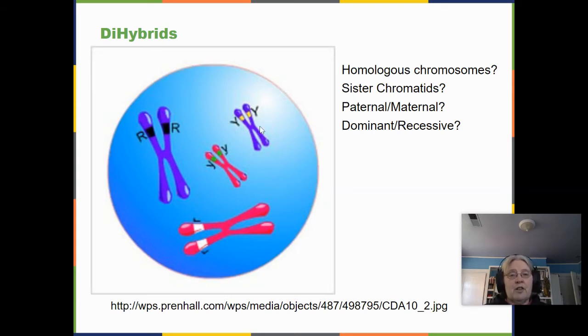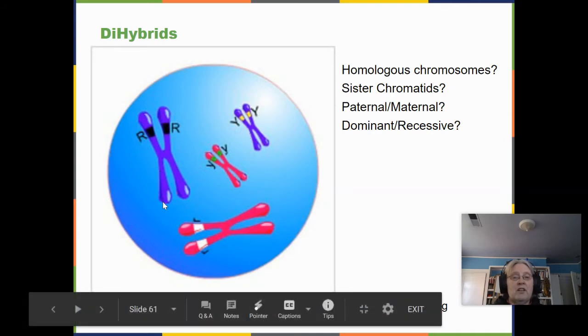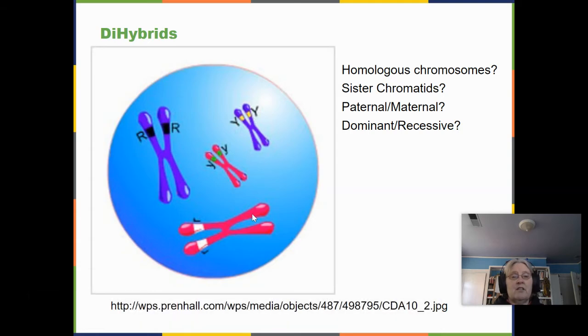Now they have different alleles, but these are homologous chromosomes. These are homologous chromosomes. This and this are non-homologous. This and this are non-homologous. They contain different genes.